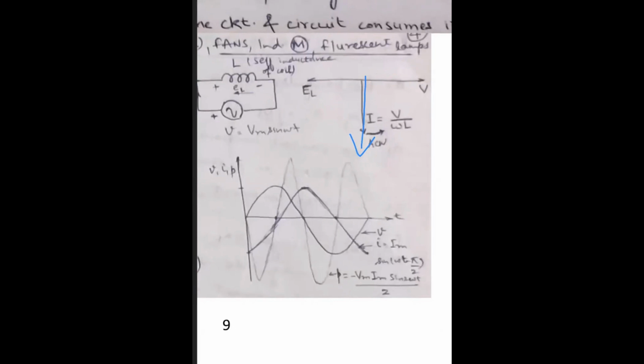One more thing we are noticing here: these are all RMS values, hence denoted by capital letters. This is the RMS value of the EMF developed by the self-inductance of the coil, and it always opposes the applied voltage.